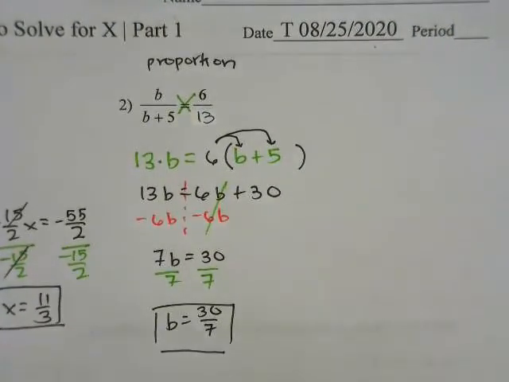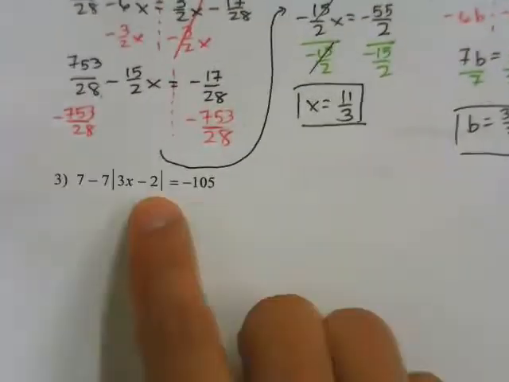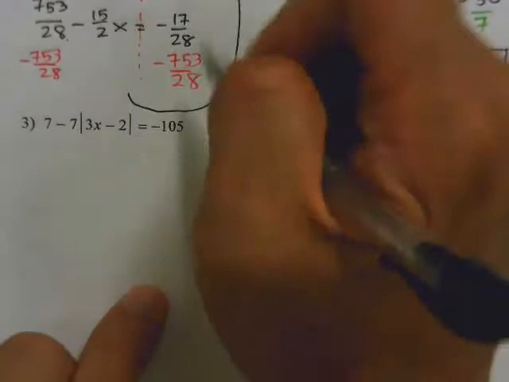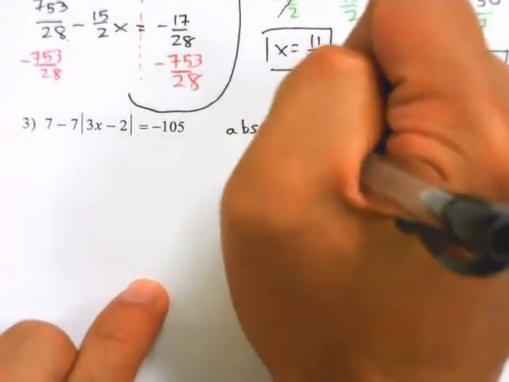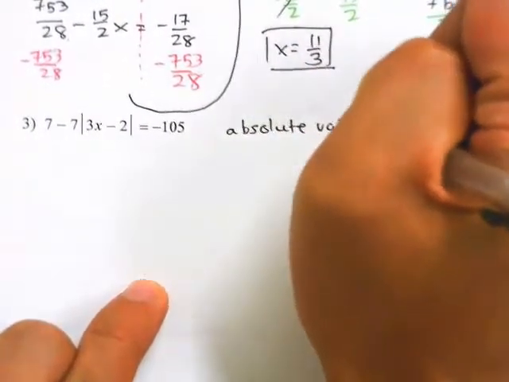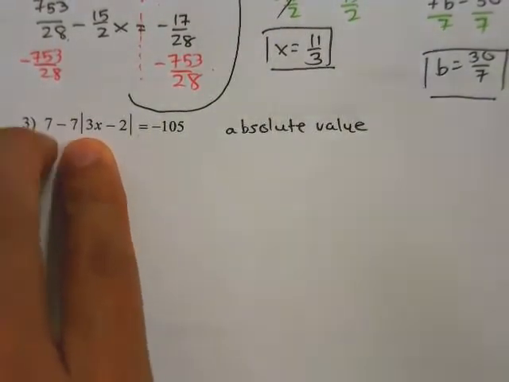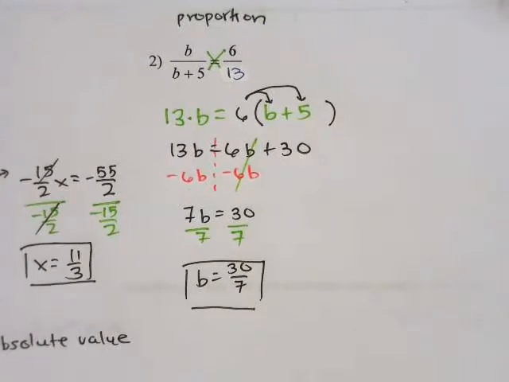Okay, let's do another type of function. And over here we have absolute value. So this is an absolute value equation. Okay, so absolute value. You know, some people think that it works like a parentheses, and it really does not.